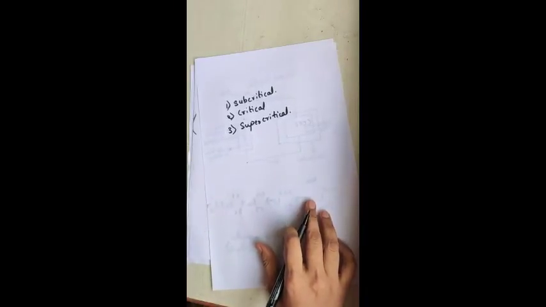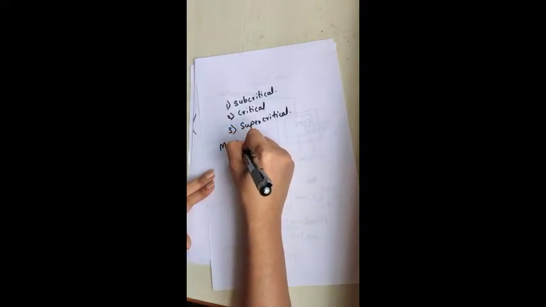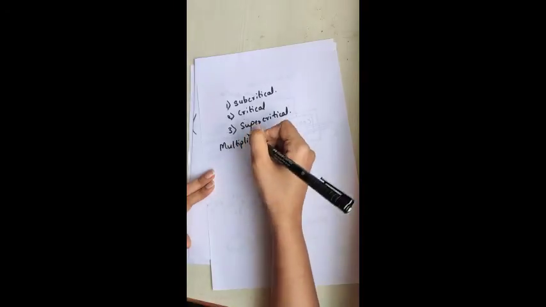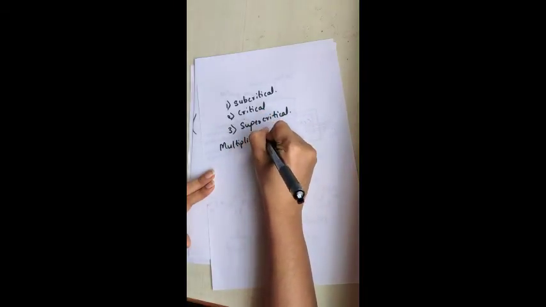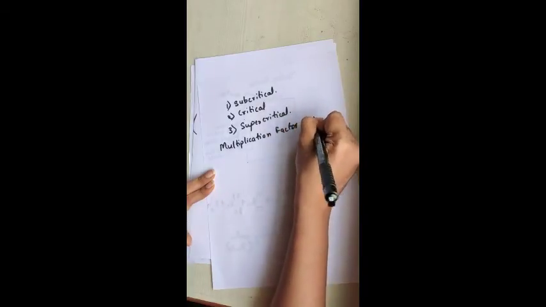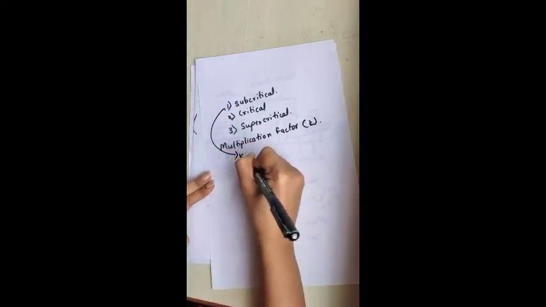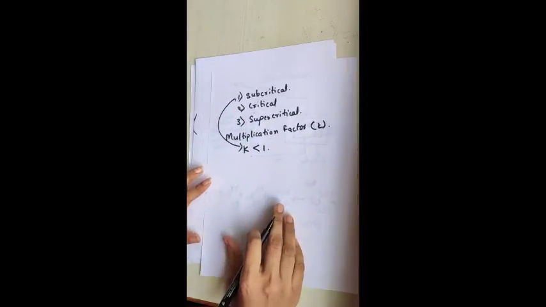These 3 states depend upon a term called the multiplication factor. The multiplication factor gives information on the growth rate of the neutrons. It is denoted by the letter K. For the subcritical state, the value of K is lesser than 1.